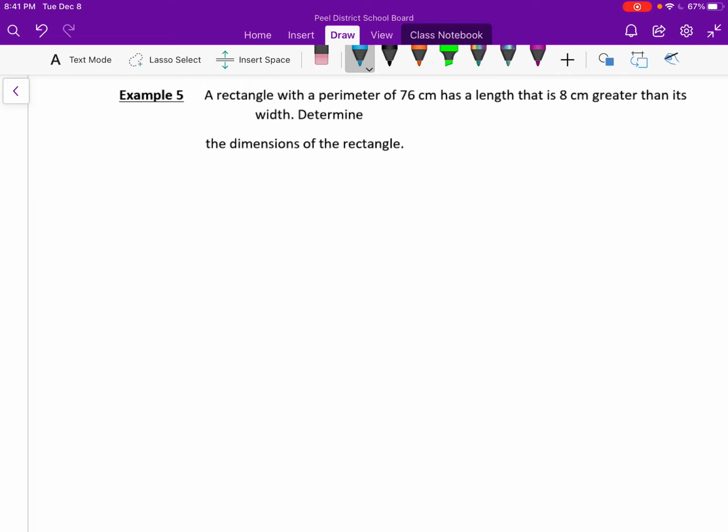Okay, so a rectangle with a perimeter of 76 centimeters has a length that is 8 centimeters greater than its width, right? So just going right off the bat, I'm going to say let W represent our width.